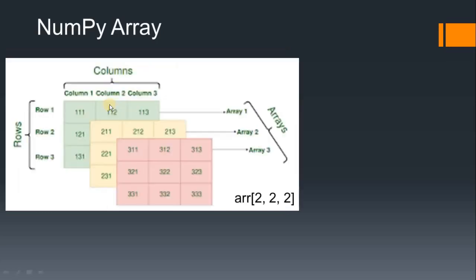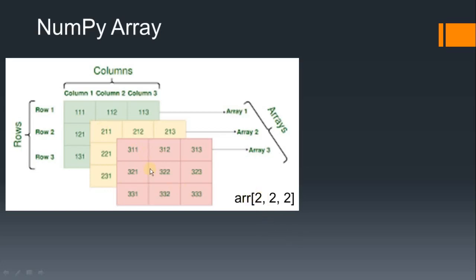Next, the example of a three-dimensional array. In a three-dimensional array, we get more than one matrix. So this is the first matrix, this is second, third. In the example of index position, the first one represents the matrix. 2 means the third matrix, because index position starts with 0: 0 means first matrix, 1 means second, and 2 means third.